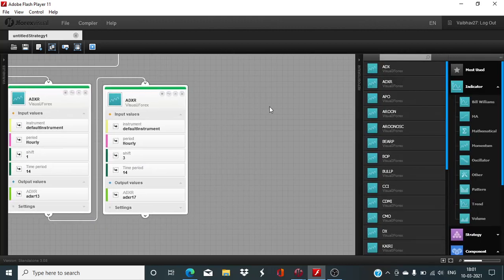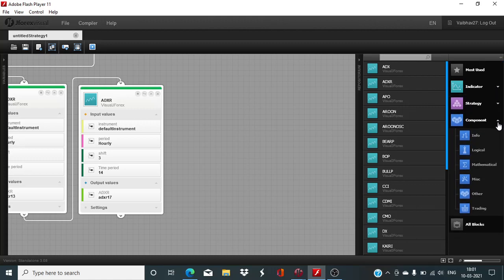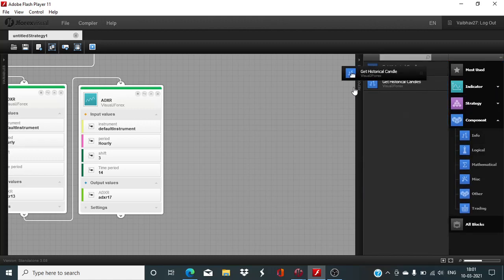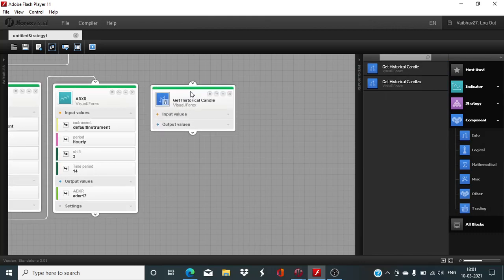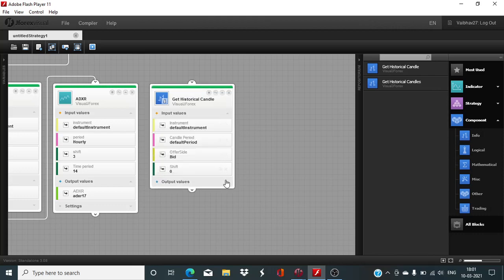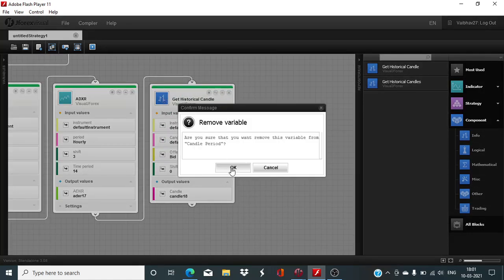Then after ADXR, we will have to rely on the historical candle. So we get this get historical candle block. This also needs to be defined for 1 hour time frame.